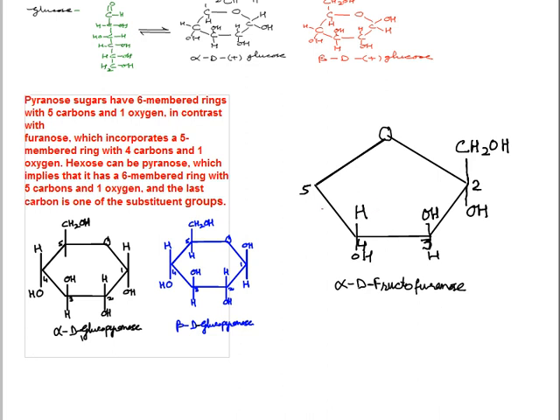Then we write another H here, and now the 6th carbon is outside, so we write here CH2OH. We write OH this side to make it more clear. So CH2OH, so this is what you call alpha D fructofuranose form. So if you see it carefully, this is carbon number 1, 2, 3, 4, 5 and 6.